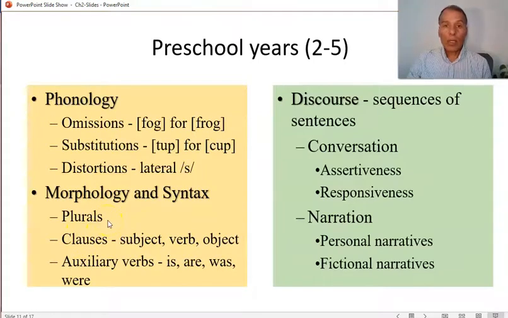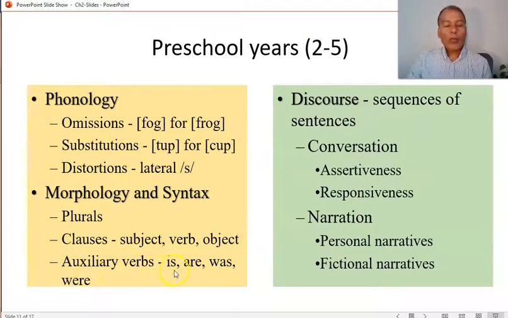They will continue probably until age 7 or 8 before they master the irregular ones. Clauses, they're able to make very little sentences, like subject, verb, object, like I ate the apple. A clause is a couple of words combined together.